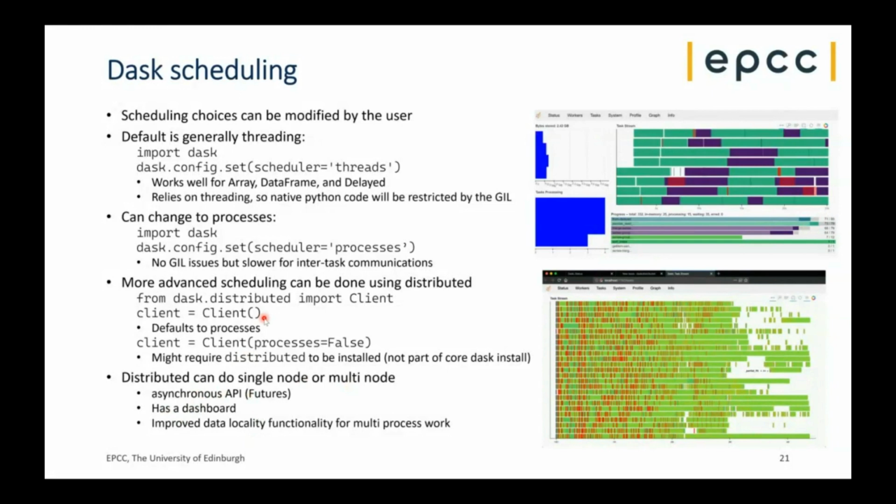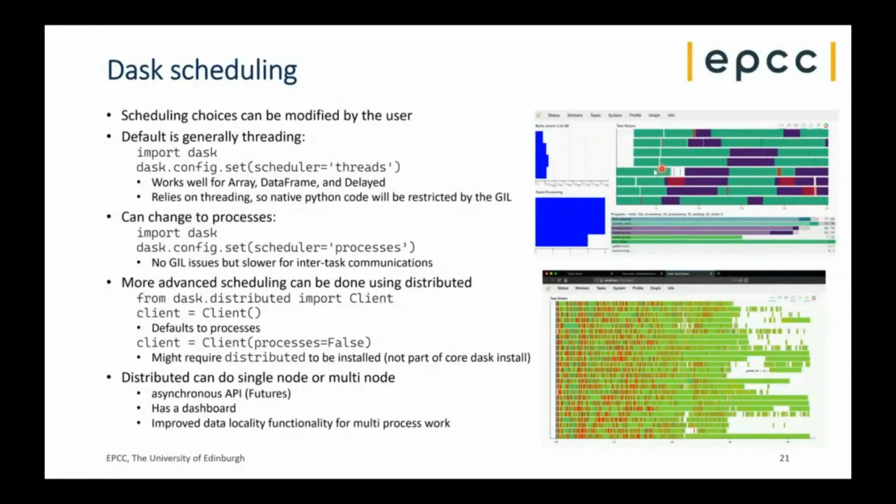asynchronously, etc. So this all comes from this Dask distributed extension to Dask, which you may have to install, and that's part of the third practical, installing that. And that gives you both single node and multi-node functionality. It has the Futures API, a dashboard, and can improve some data functionality as well.